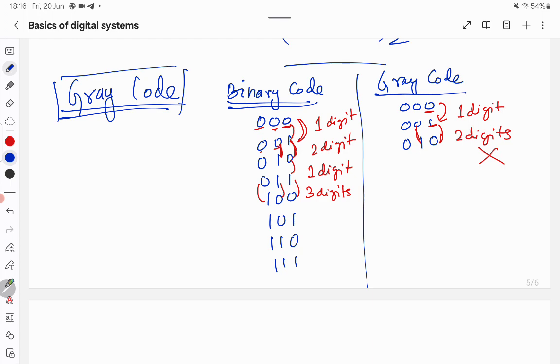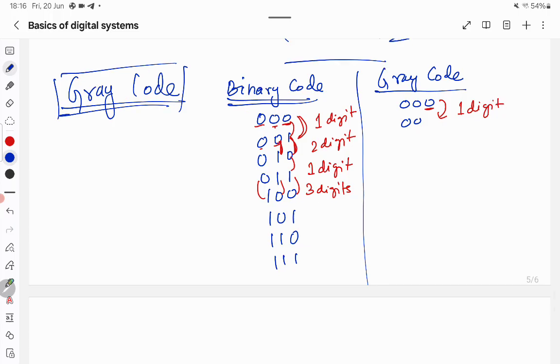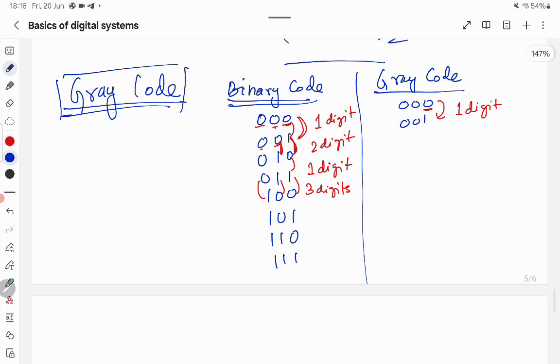So we have to remove this part and write 1 0 1 1. If I write this one, the next digit is 0 1 1 after 0 1 0. So if I write 0 1 1, 1 remains as 1, 0 remains as 0, but only one digit changes, that is 0 and 1, this one. So there is a 1 digit change.